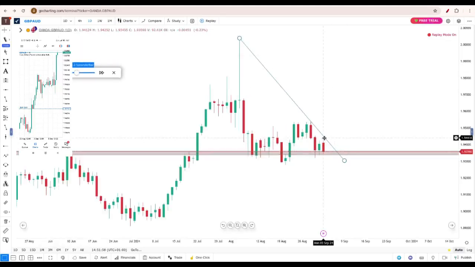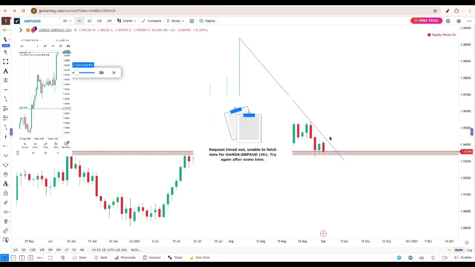This is 2nd of September 2024. I'm very alert. So I'll be fluctuating between the 4-hour and the daily time frame now. So let's go to the 4-hour, because I'm hoping that I'm going to see a breakout from my counter trend line.